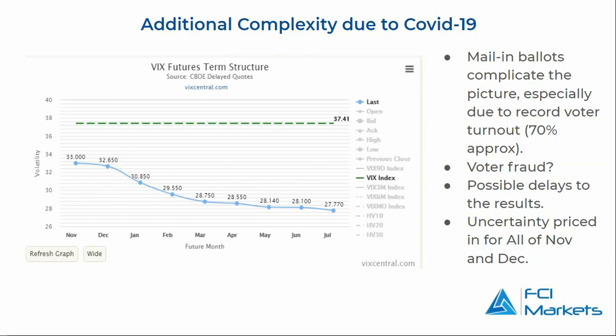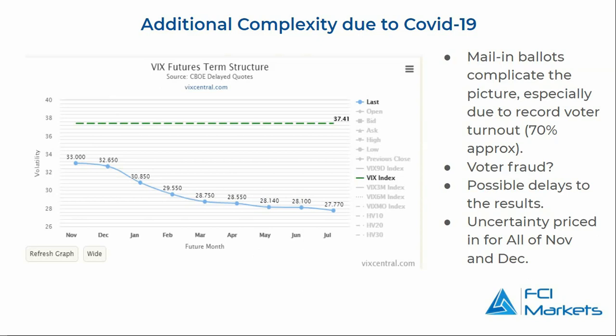It's possibly outdated, but it complicates this whole picture. There could be possible delays to the results just because of this. And also, there have been some reports of voter fraud, of people going to vote and finding out that their vote had already been registered. So, there are some gray areas here, and this just creates more uncertainty.